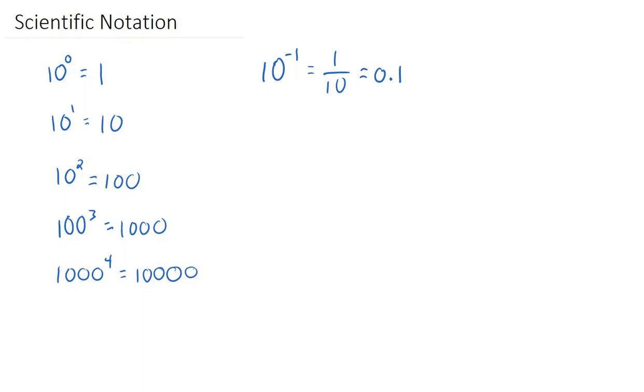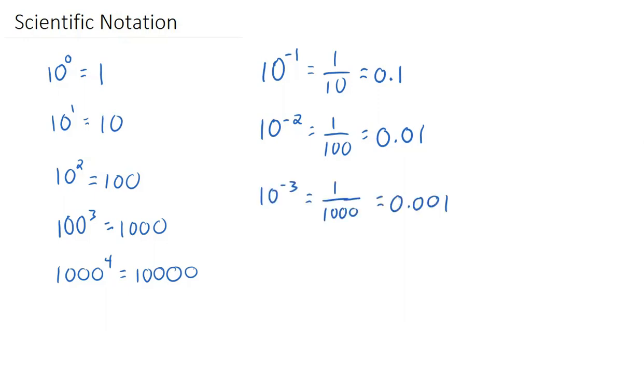And so when we go down into our negative exponents, we essentially go down into our decimal place values. So we get that 10 to the negative 2 equals 1 over 100, which equals 0.01.